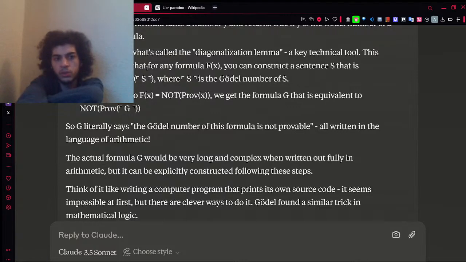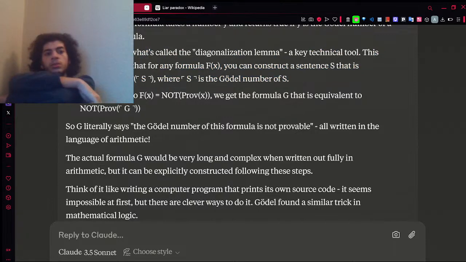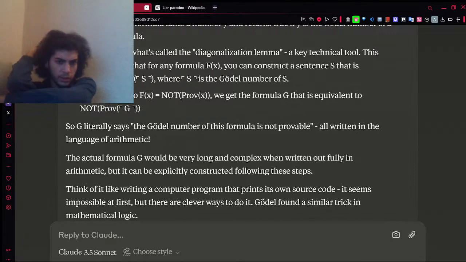So I guess this is a key technical tool, as Claude said. Applying this to F(x) equals not Provable(x), we get the formula G that is equivalent to not Provable of the Gödel number of G. So let's say the formula is not Provable(x).